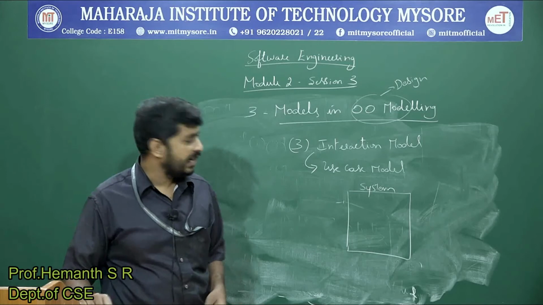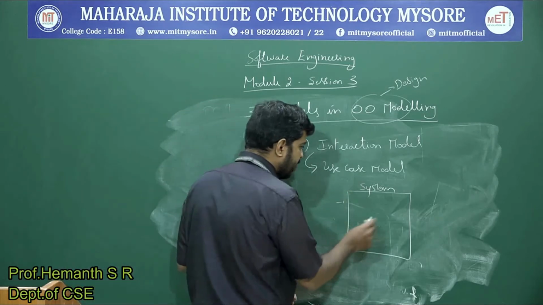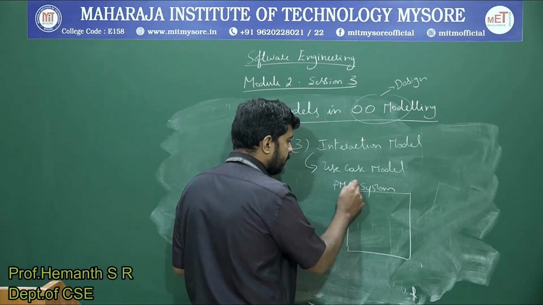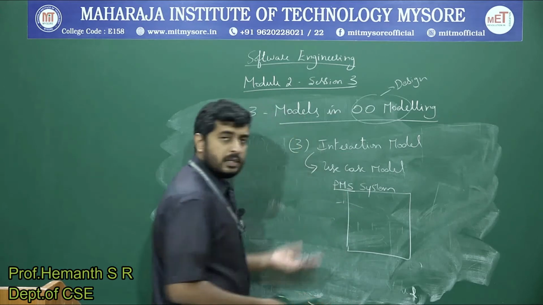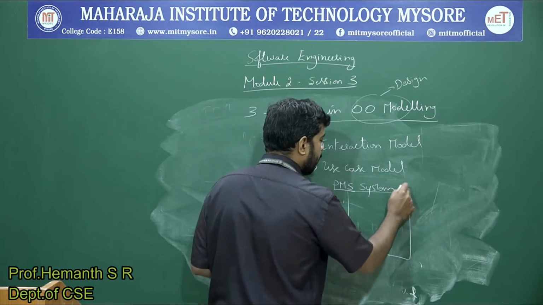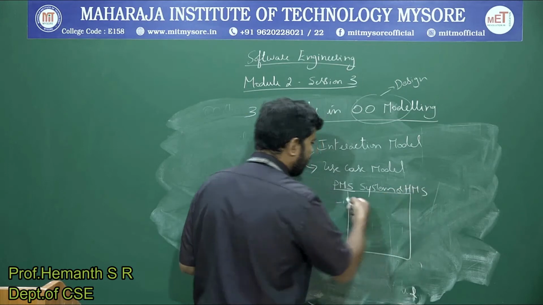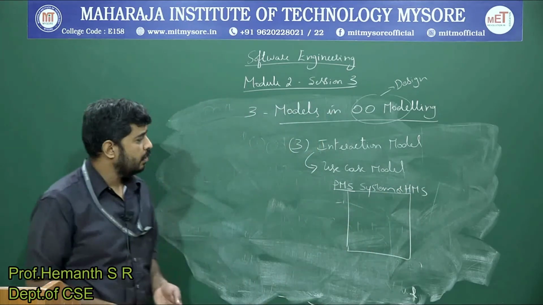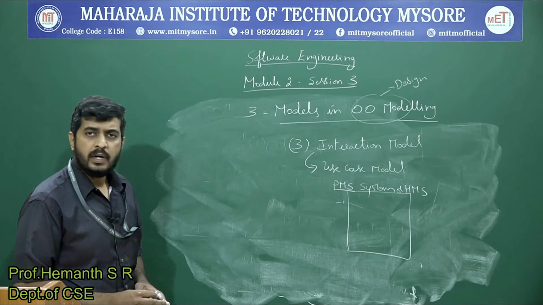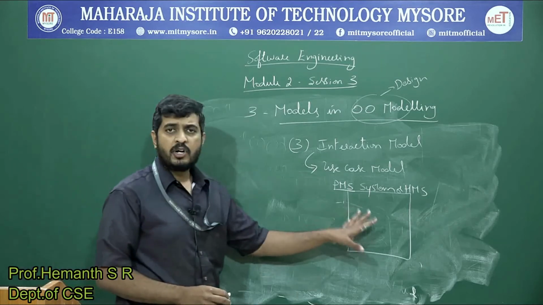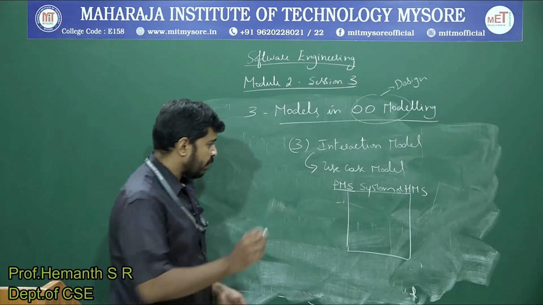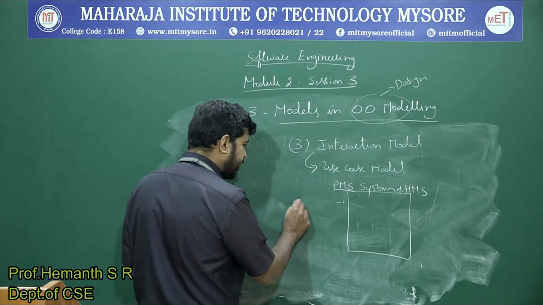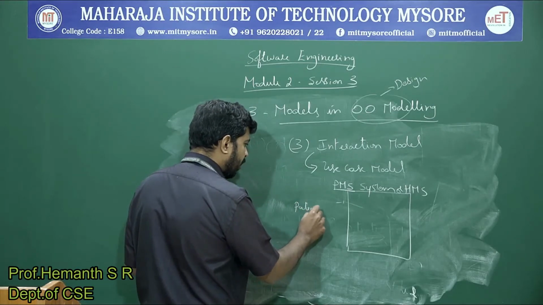For more clarity, I will take an example. For example, consider this is a patient monitoring system, or the hospital management software, whatever it is. Okay. Who are the different actors who are involved with this system? So as we had already discussed previously, it may be a patient. Okay.